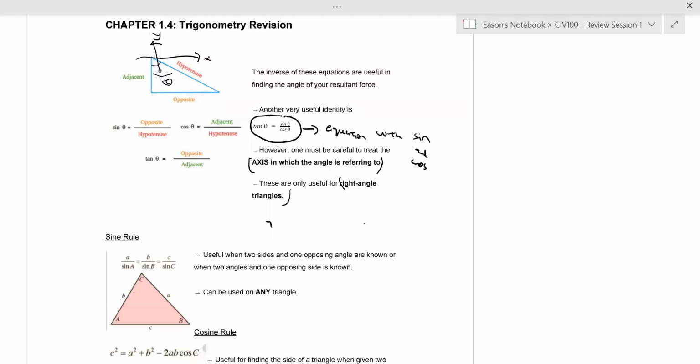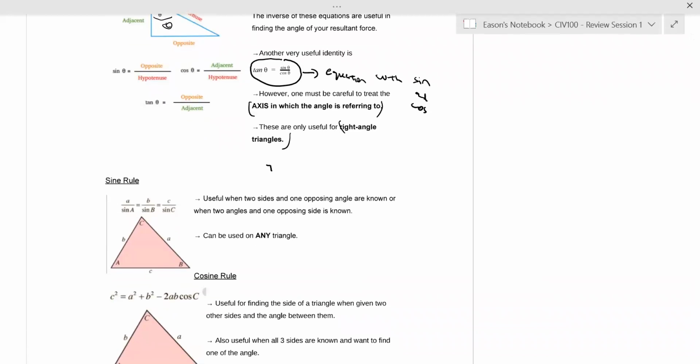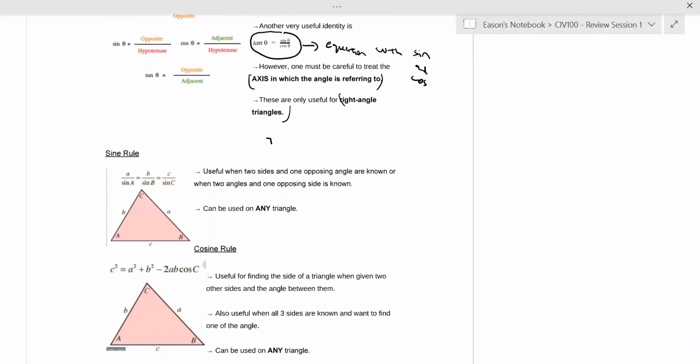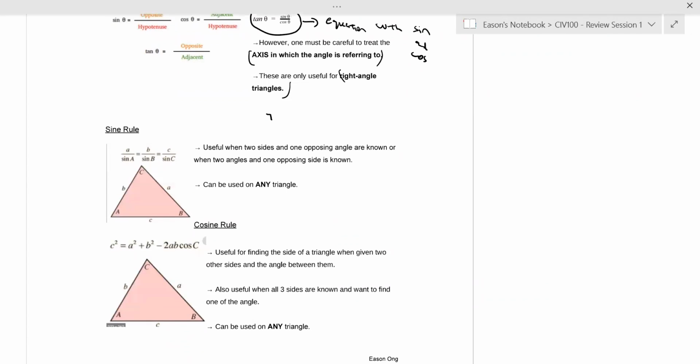Okay, cool. And so the next one that we have is the sine rule. The sine rule is a very useful law when you have two sides and one opposing angle.